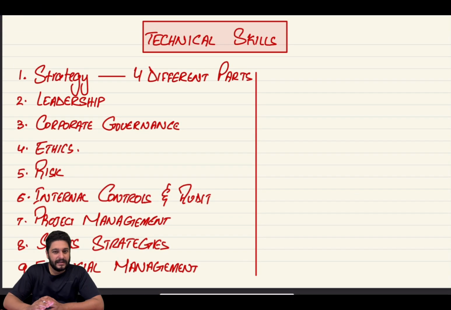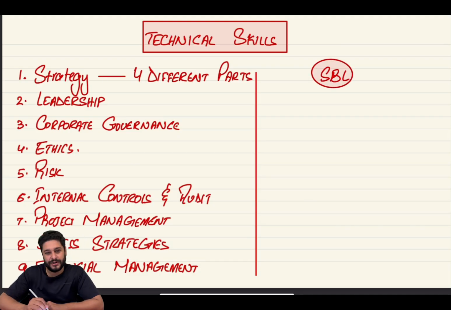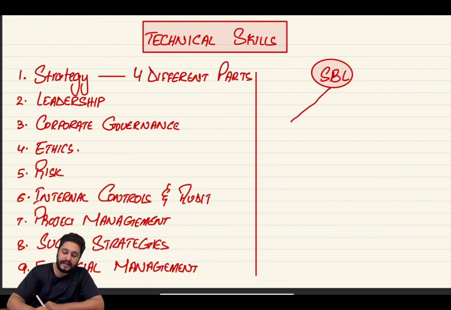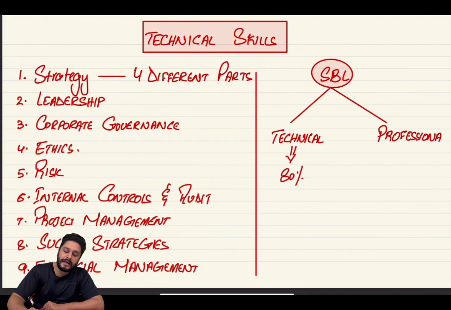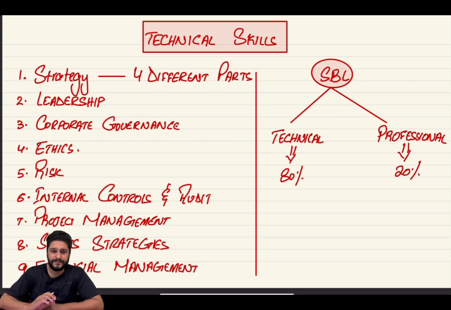So now we know that the SBL examination cannot be done in isolation. You need to have the technical side, which includes 80%, and you need to have the professional skills, which include 20% of your examination.